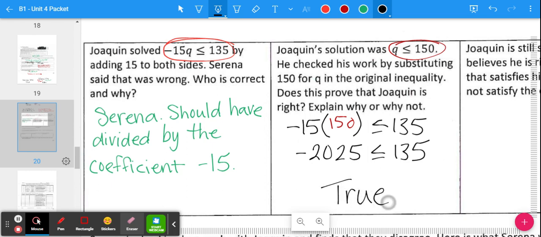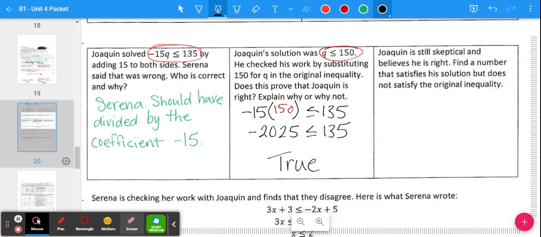So this is true. So Joaquin is still skeptical, and he believes he's right. Find a number that satisfies his solution but does not satisfy the original inequality. So looking at the inequality, if we plugged in a 0, negative 15 multiplied by 0 is 0, which is still less than 135. So 150 worked, 0 works, so we need to try some other numbers.